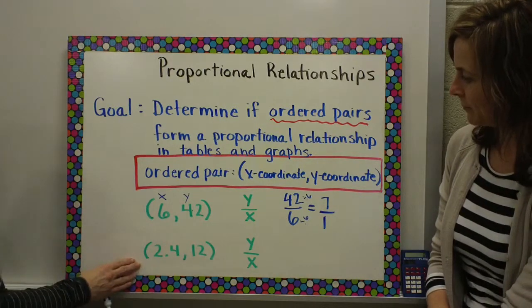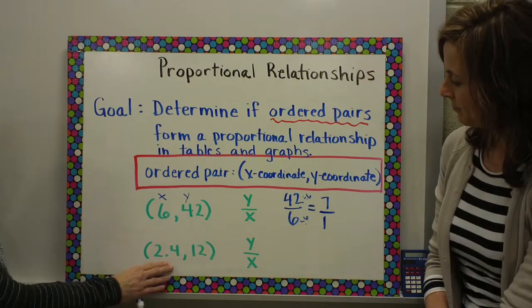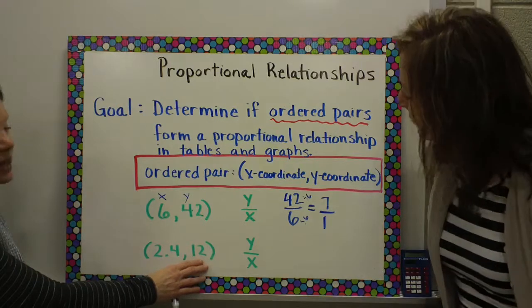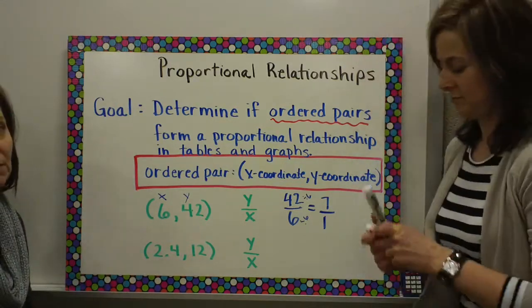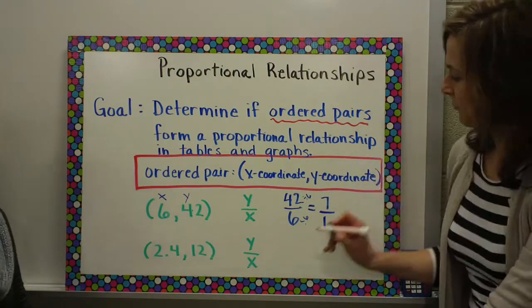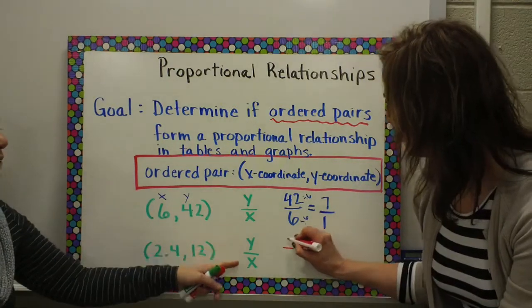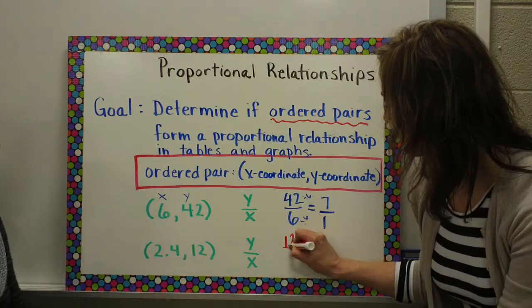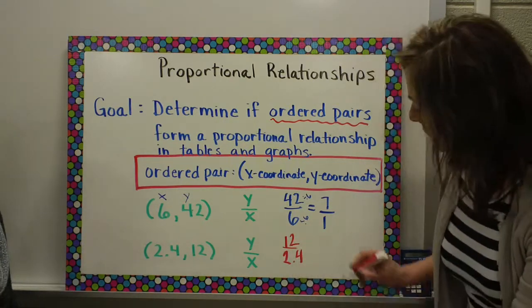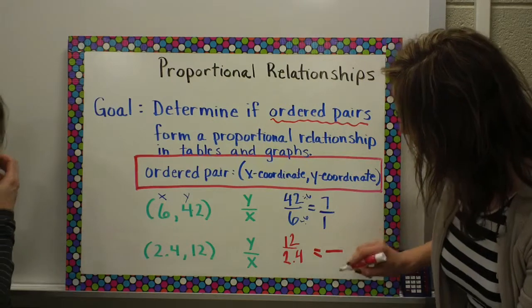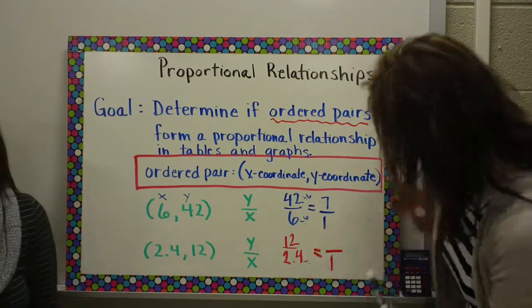In our second example, we have an ordered pair 2 and 4/10 and 12. So not always will they be whole numbers, sometimes we'll have rational numbers. Again, we're going to be comparing our y-coordinate to our x-coordinate, so that would be 12 compared to 2 and 4/10. If we want to find our unit rate, we are going to be dividing.